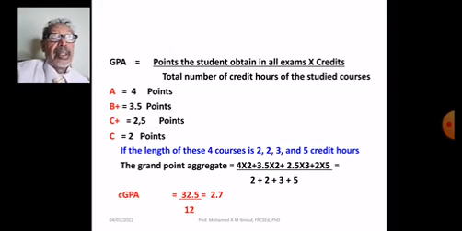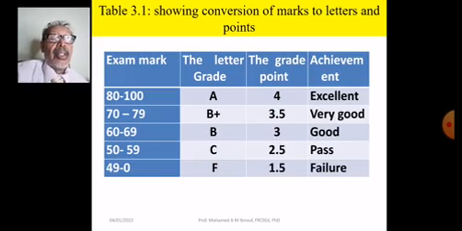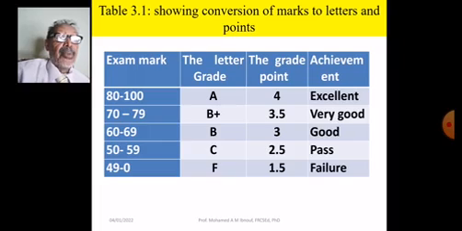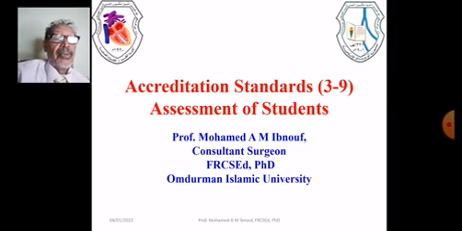And then to calculate the grade point aggregate, we multiply the points the student obtained in each examination by its credit hours, divided by the total number of credit hours. And here are the ranges for each letter: A between 80 to 100, and C between 50 to 59. And in between, we get the achievement, whether it's excellent, very good, good, pass, or fail.